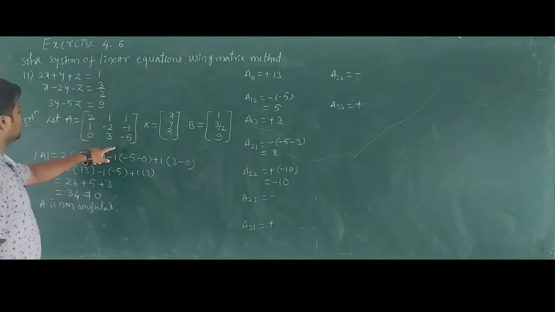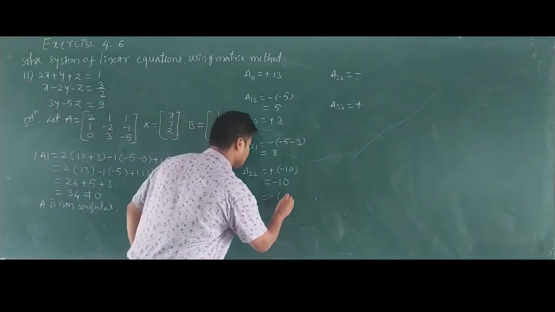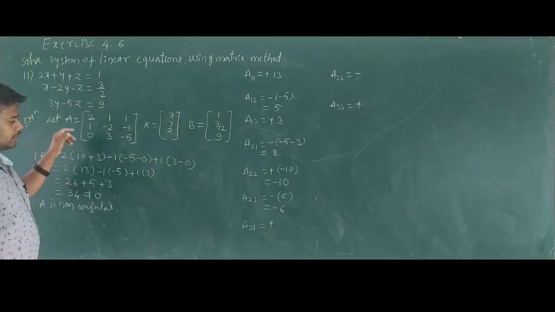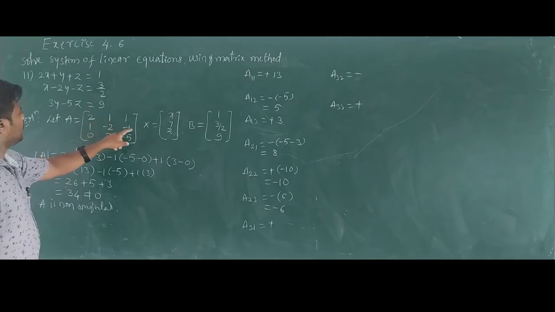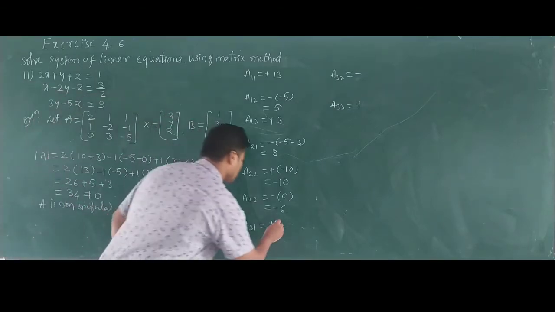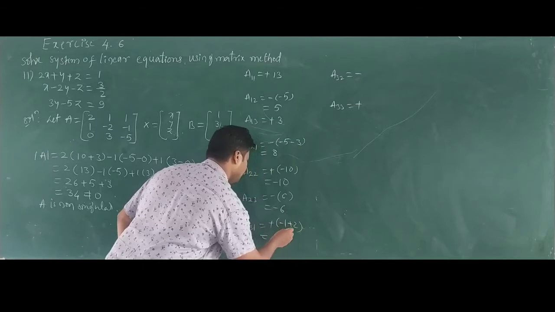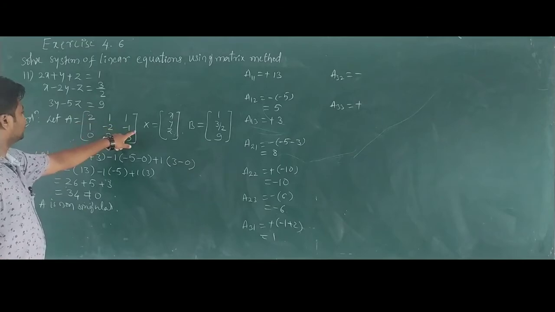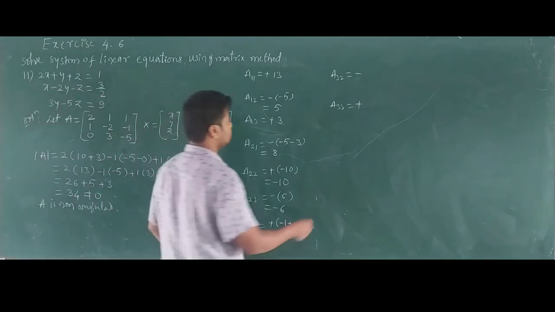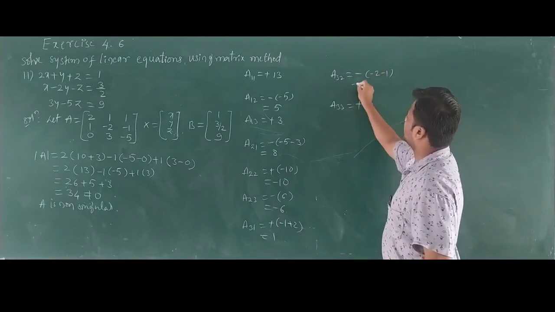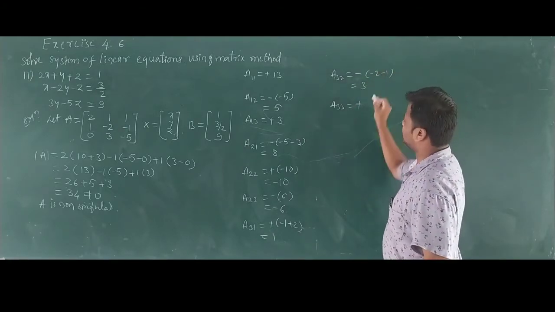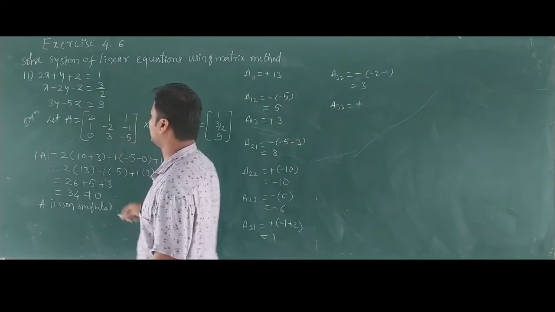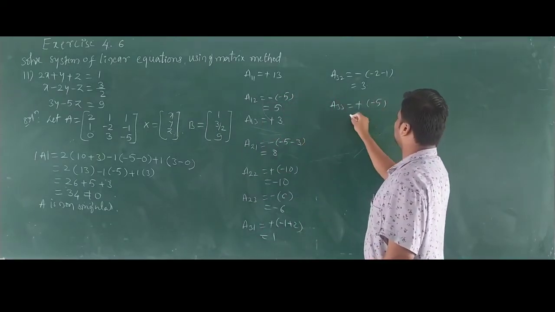A23 is 6 minus 0, 6, plus into minus, minus 6. Next A31: minus 1 plus 2, plus 1. A32: minus 2 minus 1, minus 3, into minus, plus 3. A33: minus 4 minus 1, minus 5, this is minus 5.